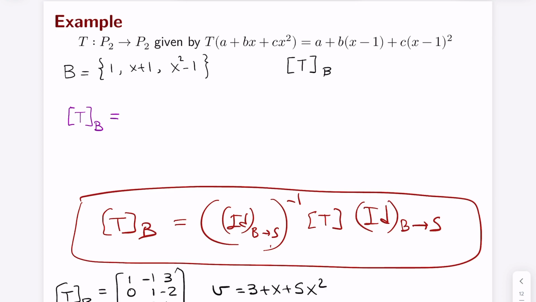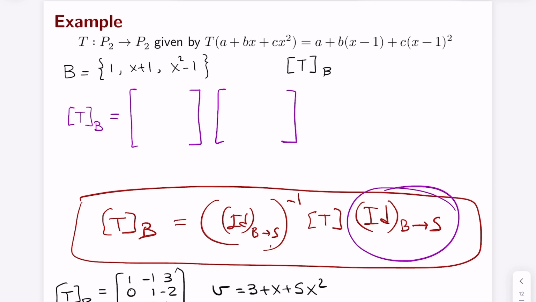So the matrix associated to the transformation in the base B will be this first matrix, that will be the inverse of that, will be this other matrix here, that is the associated to the transformation in the standard basis, and this other one here, that will be just take the base B and write it in the standard form.